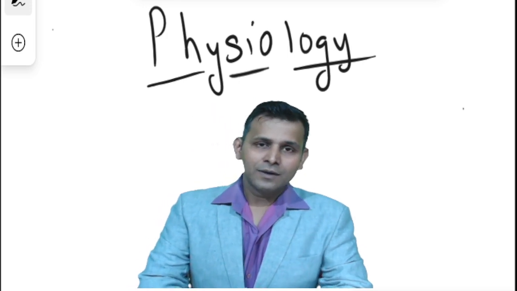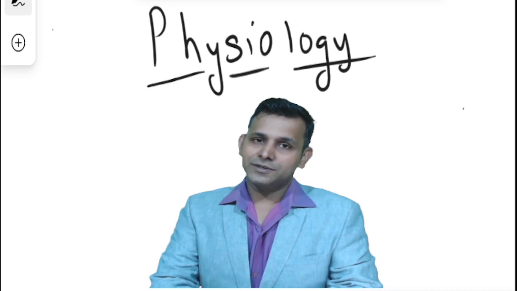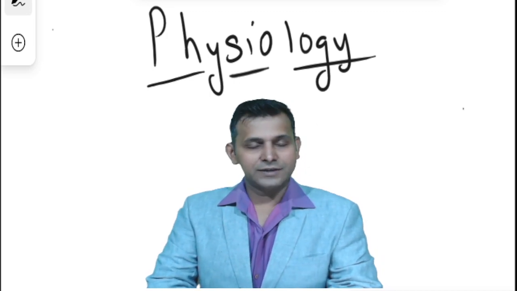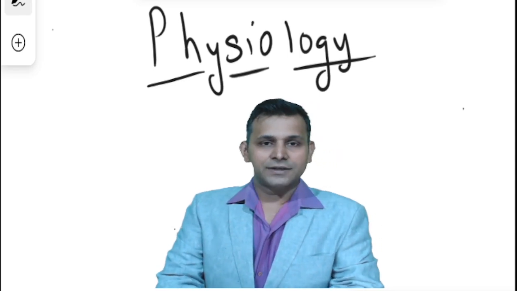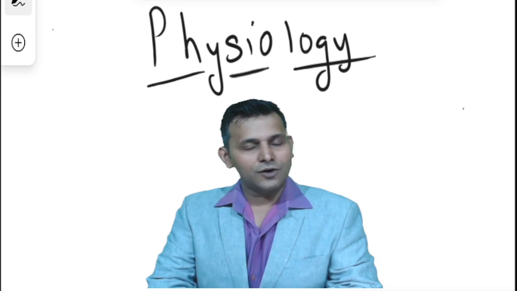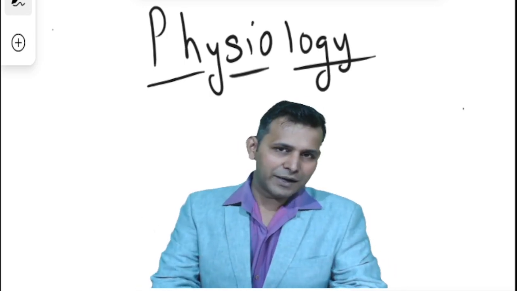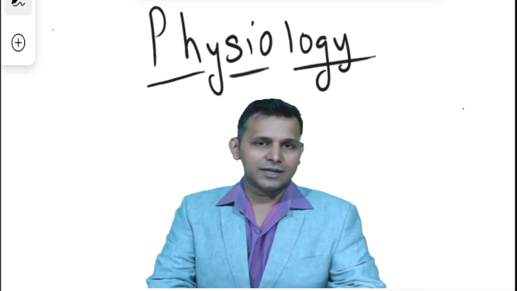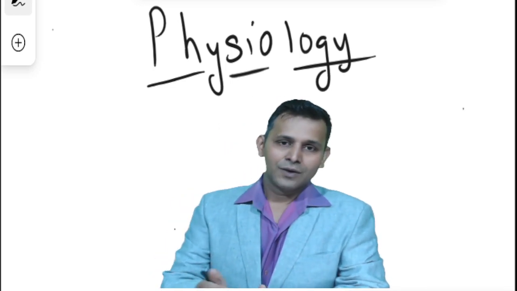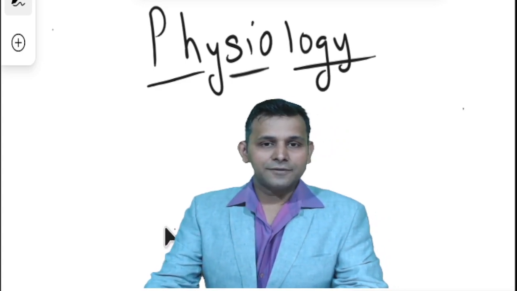And third, how is this movement governed: whether it is passive, that it does not require any sort of energy, or whether it is active, requiring energy in terms of ATP or in terms of kinetic or potential energies. So keeping these few questions in mind, let us begin with today's topic, transport across membrane.